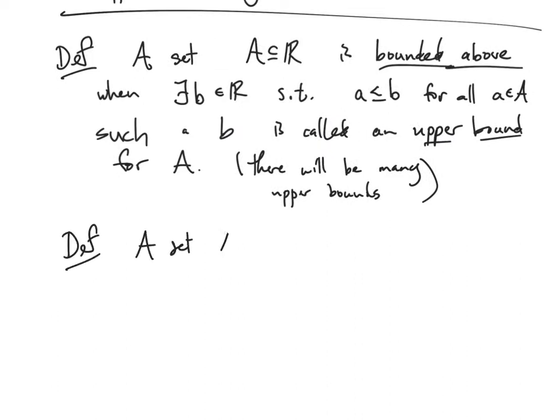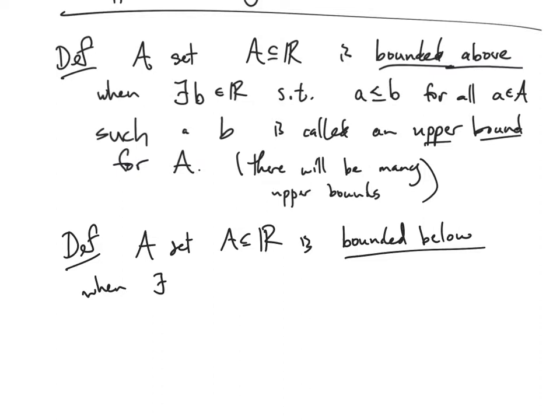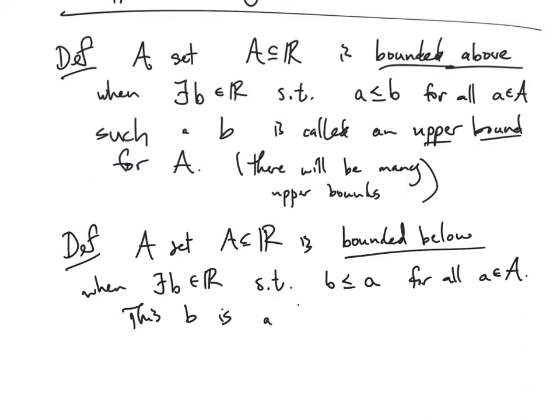A set A subset of R is bounded below when there is some particular number b, this time less than everything in the set, such that b is less than or equal to a for all a in my set A. And this b is a lower bound. That's what it means to be bounded below: there's some individual number that's smaller than everything in the set.